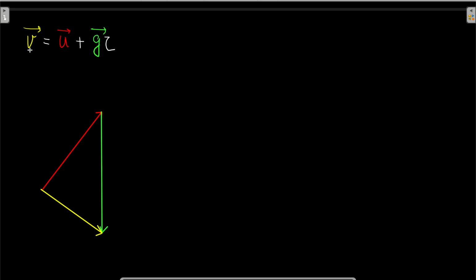According to the equation, the sum of these two vectors was the v vector. So this is obviously the v vector. This is the g vector scaled by tau, and this is the u vector, which is the initial velocity vector.